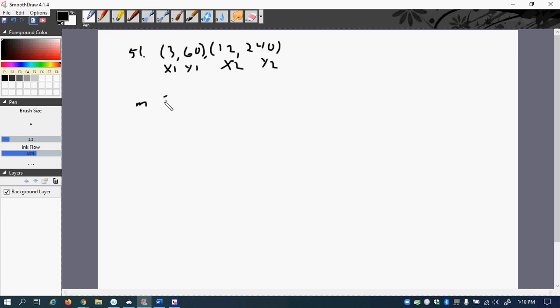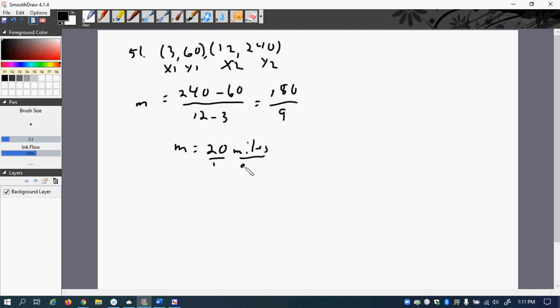My slope is going to be 240 minus 60 over 12 minus 3. 240 minus 60 is 180, and this gives me 9. So I end up with a slope of 20. That means I'm getting 20 miles to 1 gallon. That's basically what it's saying.